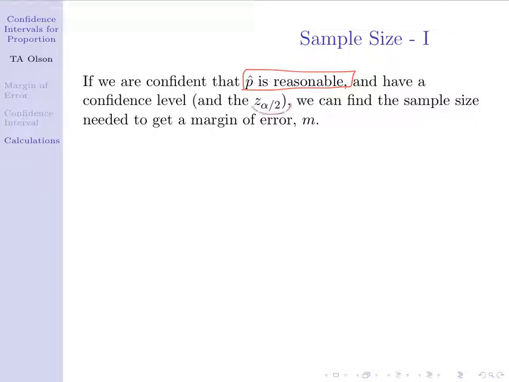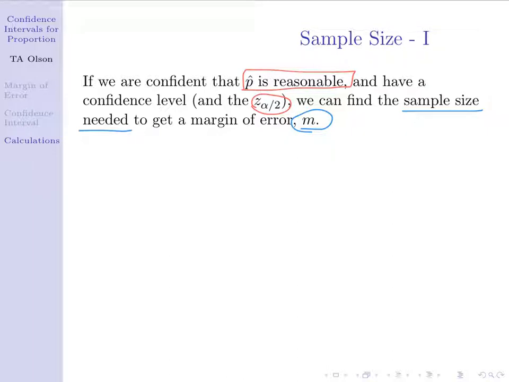We choose some confidence level, right? And the critical value associated with that. We can find what sample size we need to get a particular margin of error m. So the calculation for this can be gotten out of the margin of error calculation. Just reverse it and solve for n.